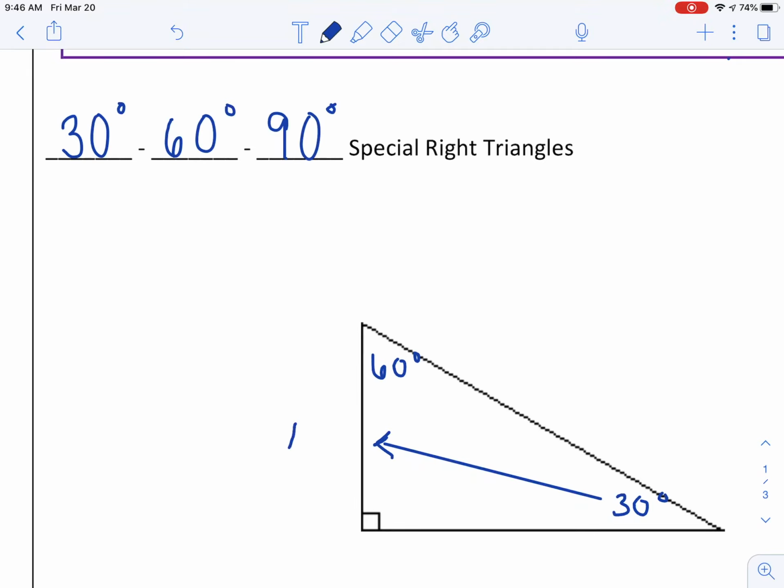This will always be 1 times a constant. The longest side, the hypotenuse, will always be 2 times that constant. And then the longer leg will be a rad 3. Now, of course, the side lengths are always going to change depending on what your A value is, but the ratio will always be this way.